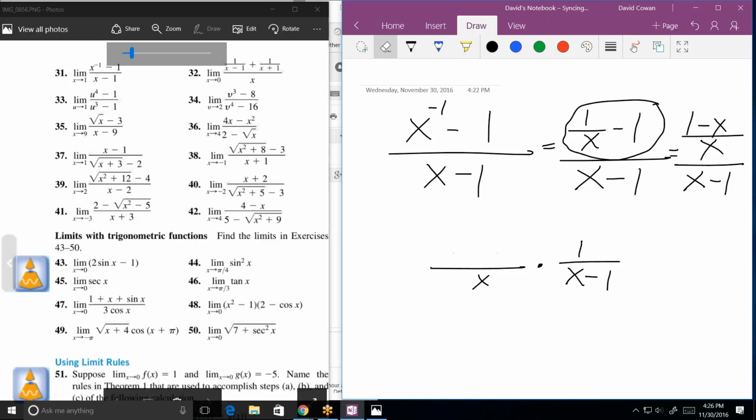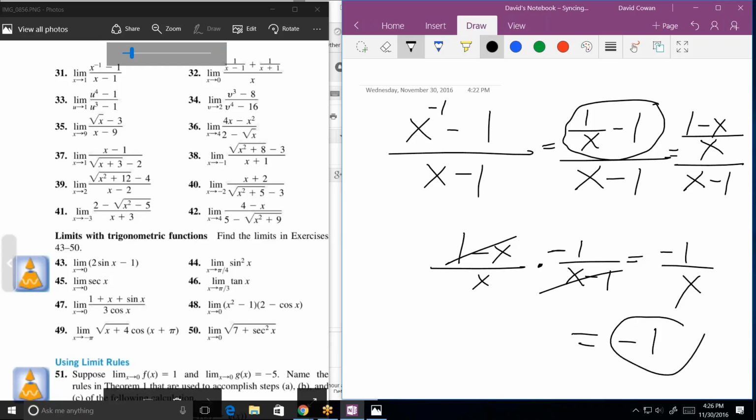So if I cross them out and replace them with a -1, now I'm left with -1 over x. And I know that's not going to 0 over 0 as x goes to 1. There's our answer.